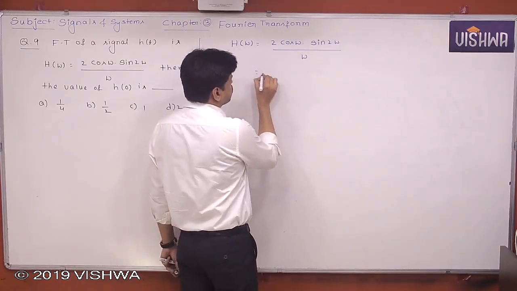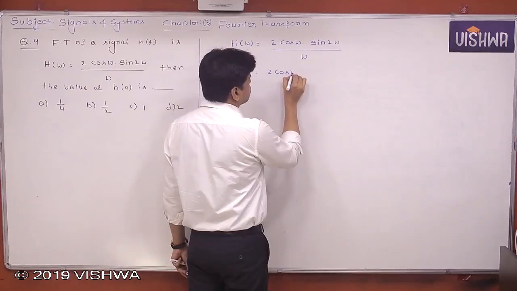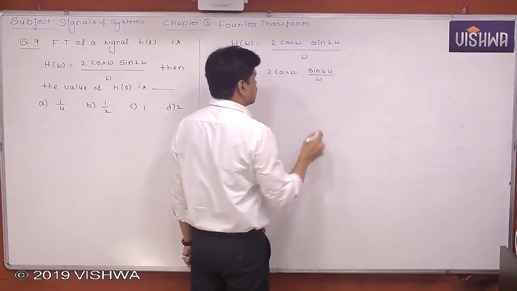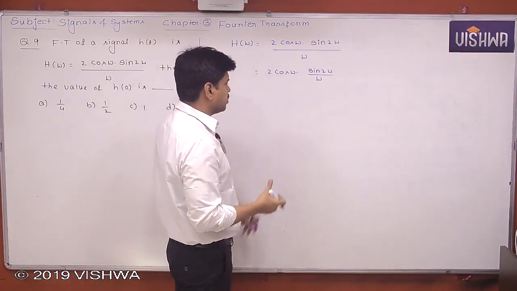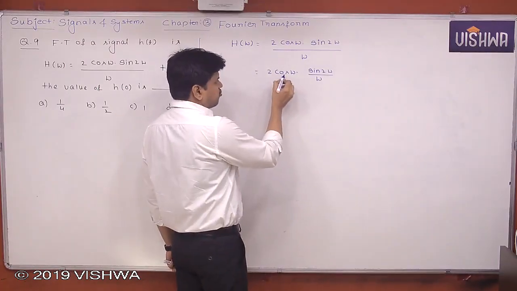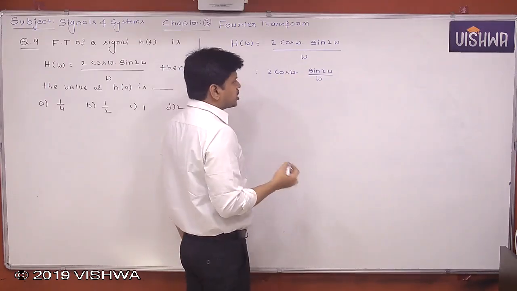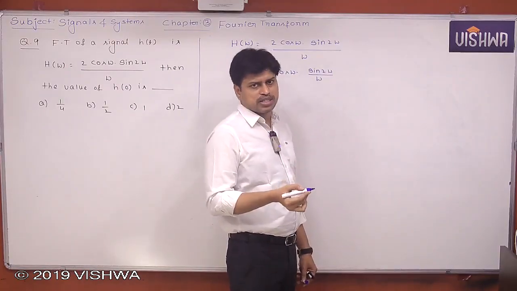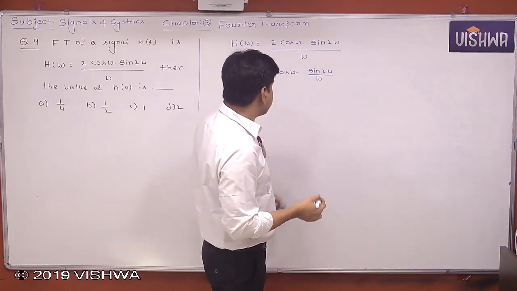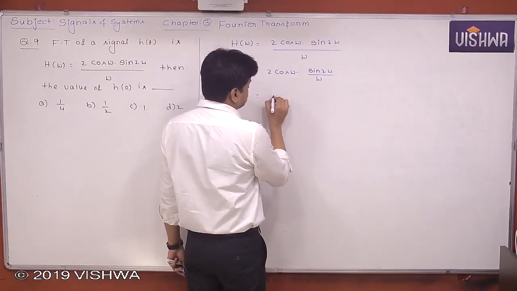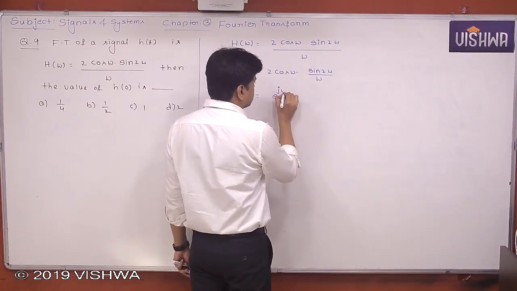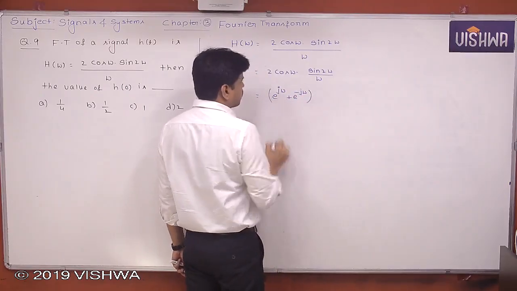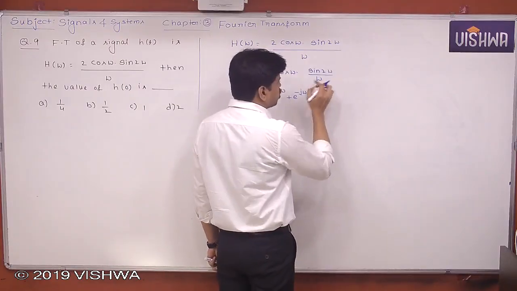I haven't done anything, I have just written it in that manner. Now from Euler expansion, I can write cos omega as e power j omega plus e power minus j omega by 2. And the 2 gets cancelled, so finally this is e power j omega plus e power minus j omega multiplied with sine 2 omega by omega.